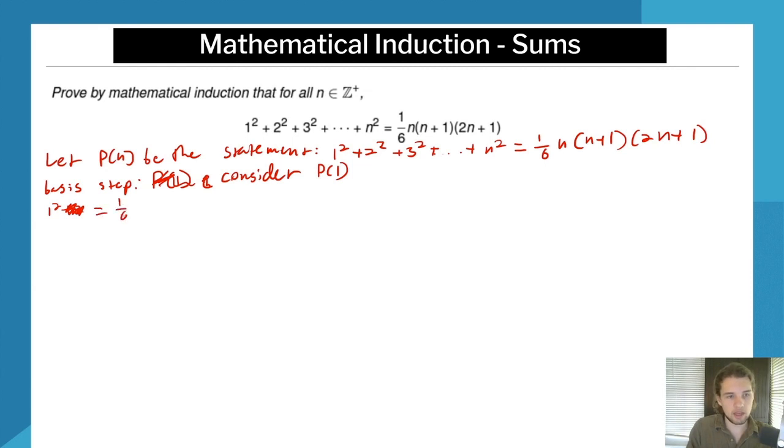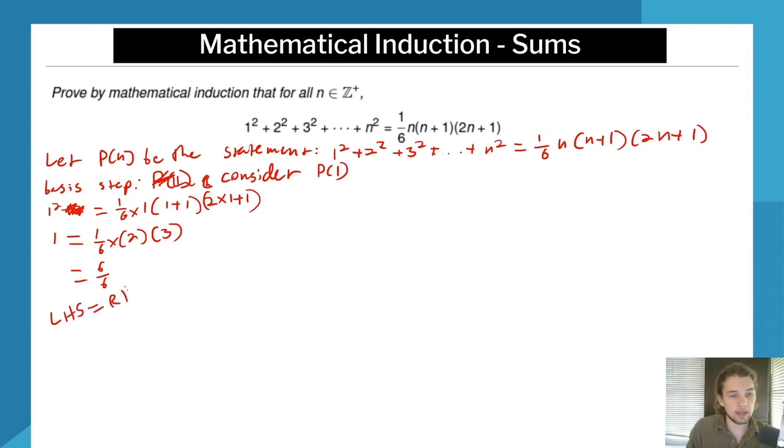Equals 1 over 6 times 1 plus 1, 2 times 1 plus 1. So that equals 1 equals 1 over 6 times 2, 3, equals 6 over 6. So left-hand side equals right-hand side. Therefore, we have our proof just of P1.